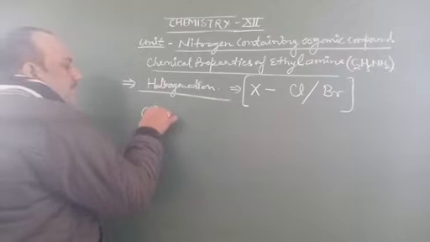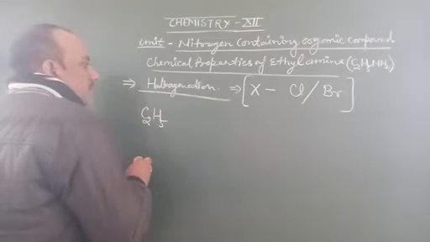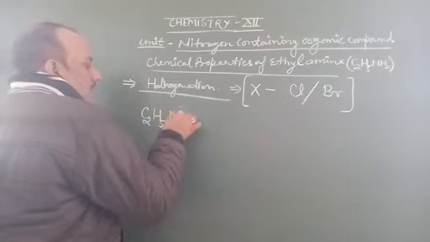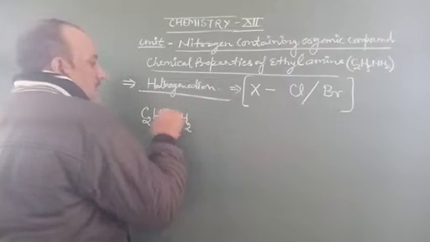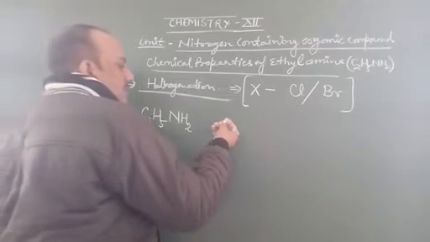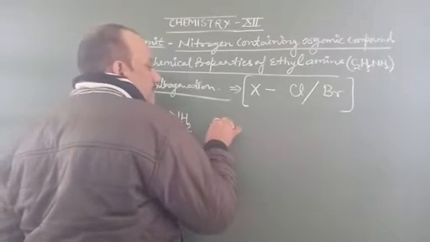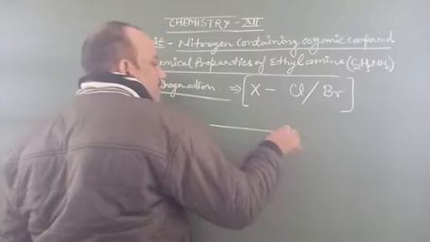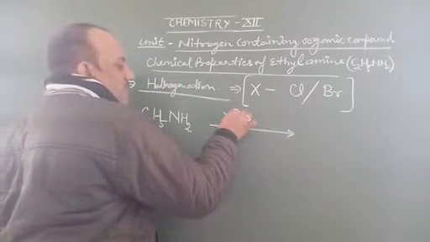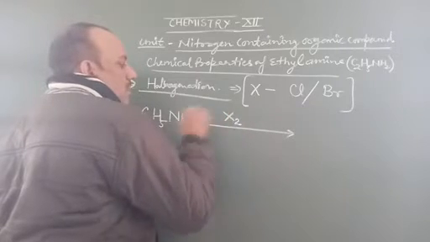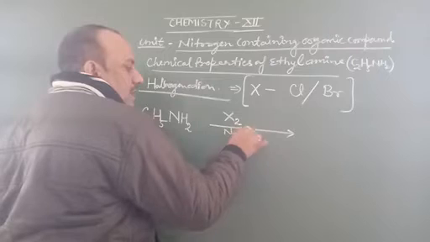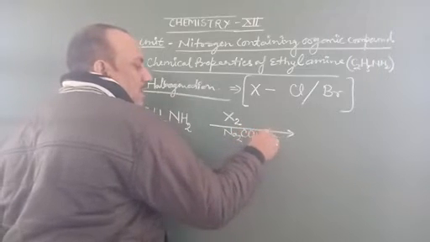Ethylamine, C2H5NH2, reacts with halogens, in the form of X2, in the presence of aqueous sodium carbonate, Na2CO3.